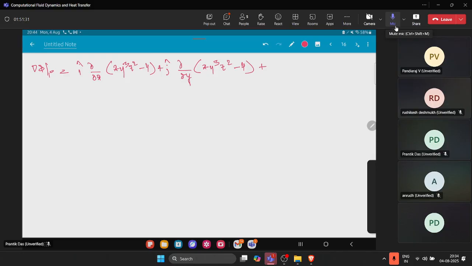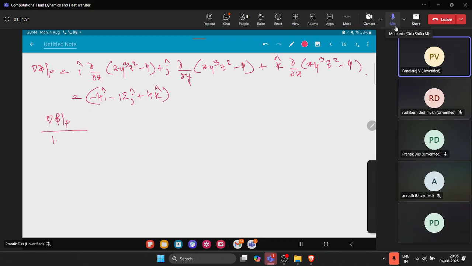Then you have taken the magnitude of that and divided by it. So this will come as minus 4 i cap plus minus 12 j cap plus 4 k cap.